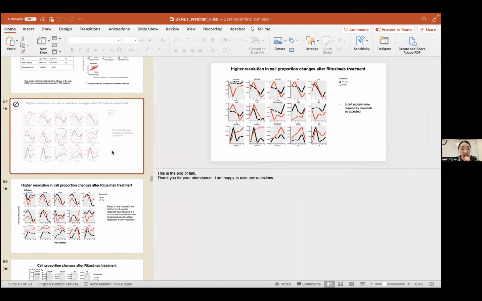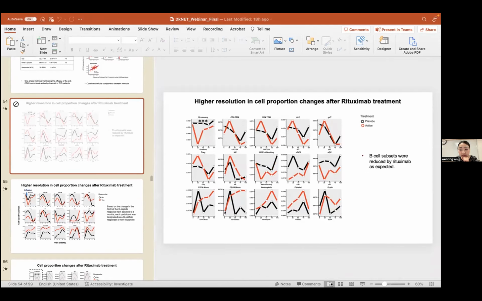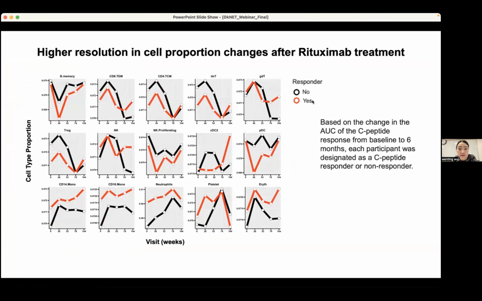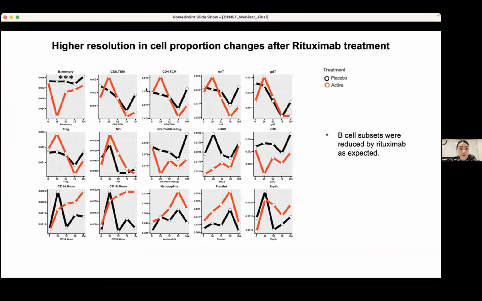Yes, we have compared those proportion changes between the treatment arm and the placebo arm, though I didn't show it due to the time limit. By a linear mixed model, we found that the most significant cell proportion change comes from the B cell, as the drug rituximab is responsible for B cell depletion.